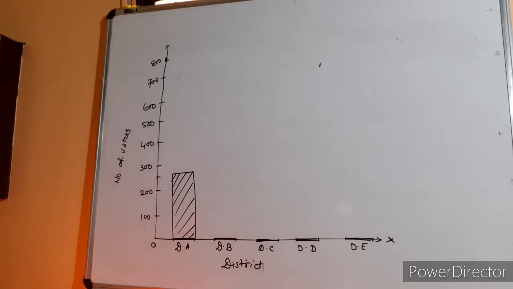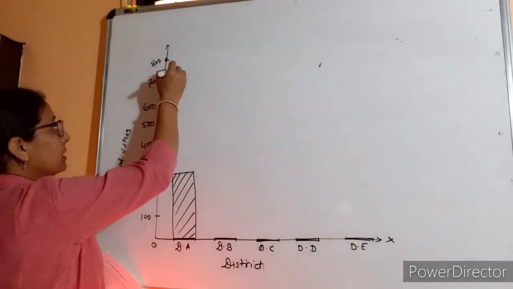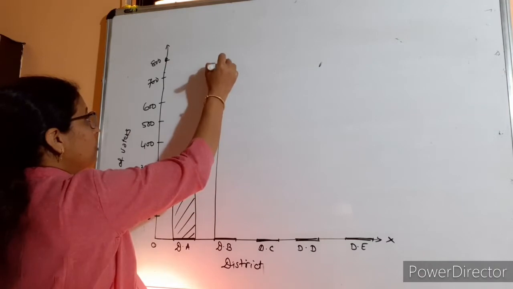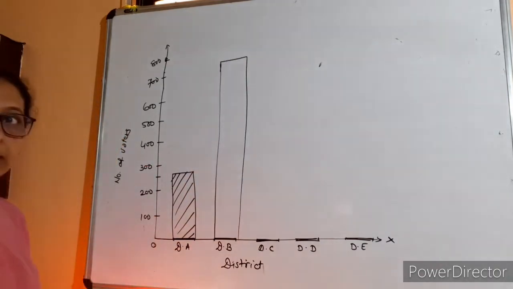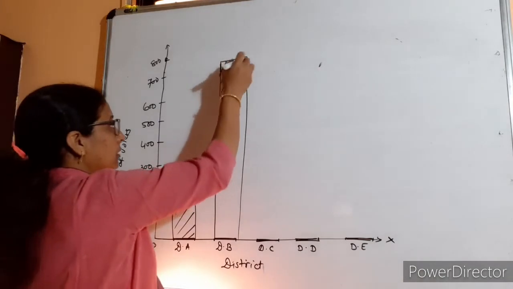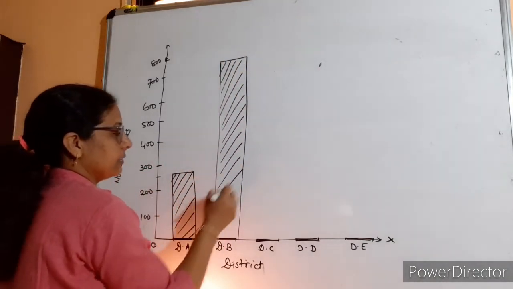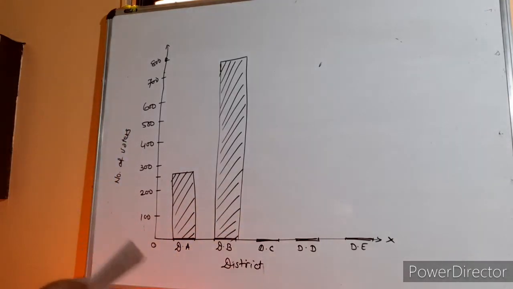In district B it is above 700. So this is 700. So here it is 750. So I will draw this bar up to 750. This is the bar by district A. Vote cast by district B. That is more than 700.